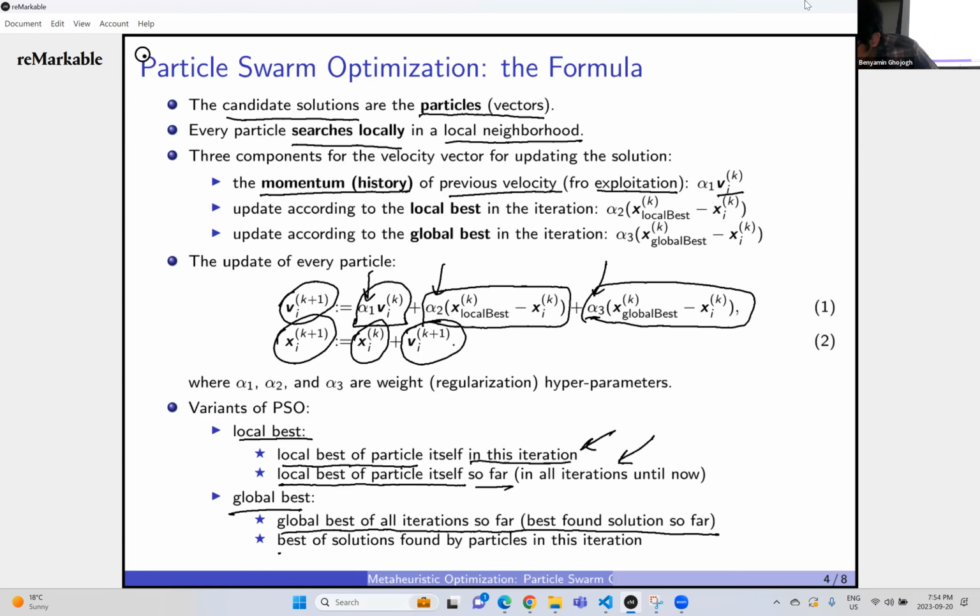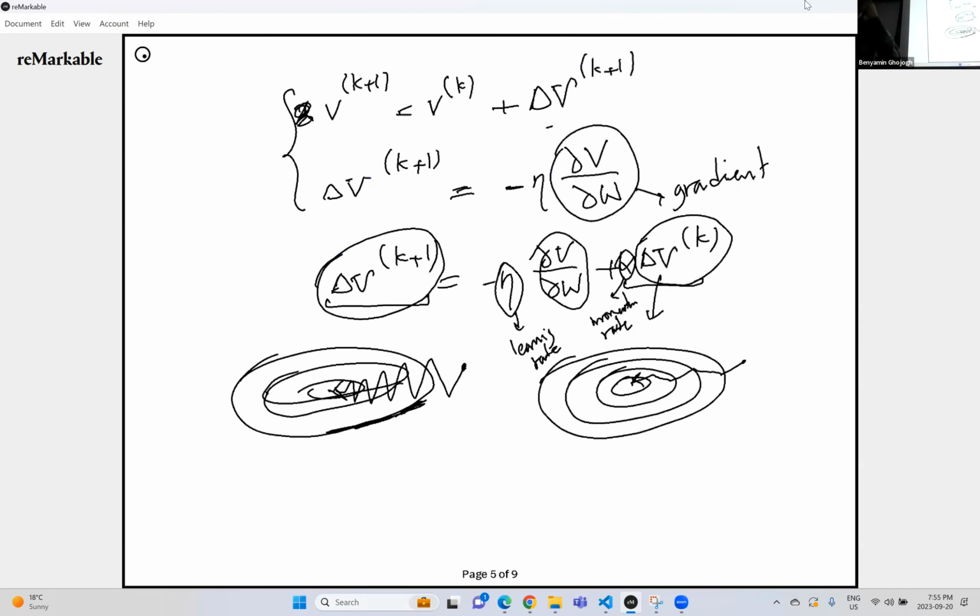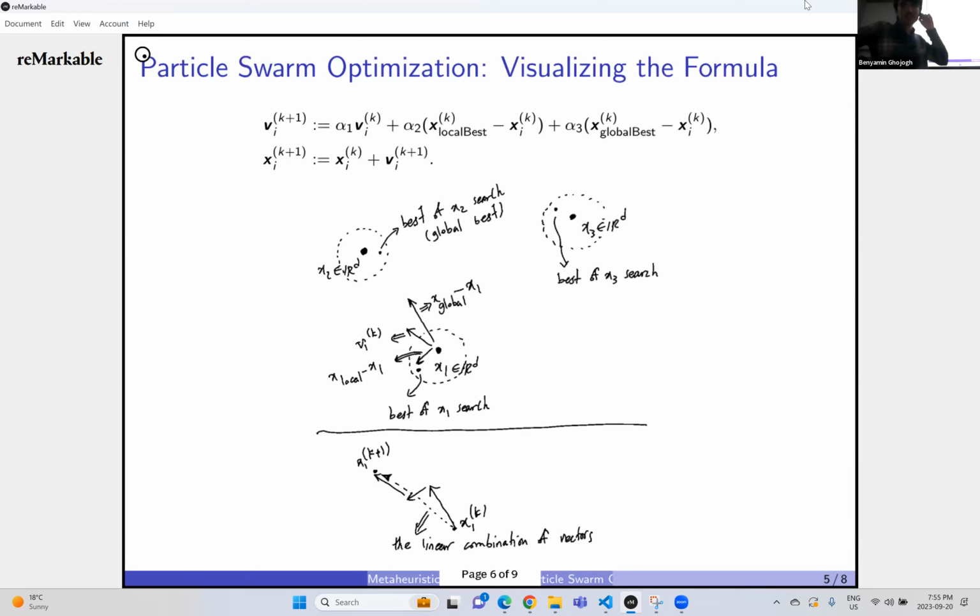Or it can be the best of the solutions found by the particles in this iteration. In this iteration, among the particles, what is the best find? Not so far. Do you see? Now, 2 times 2, you have at least 4 variants of PSO. Agree? Okay.